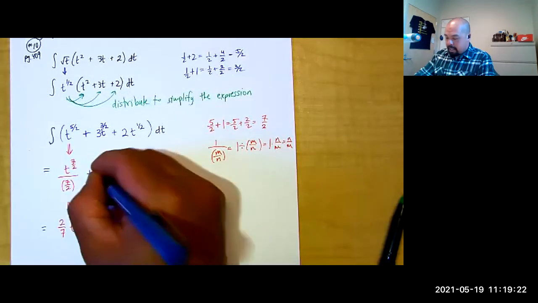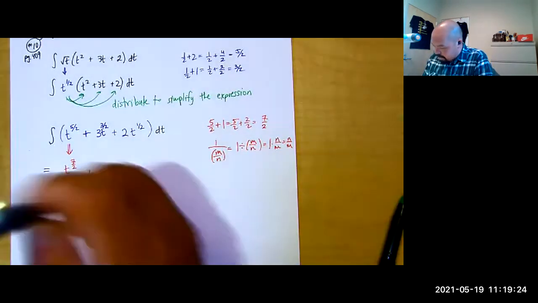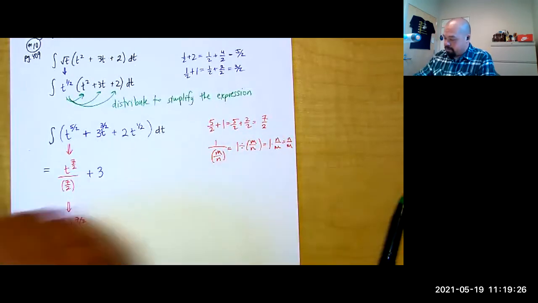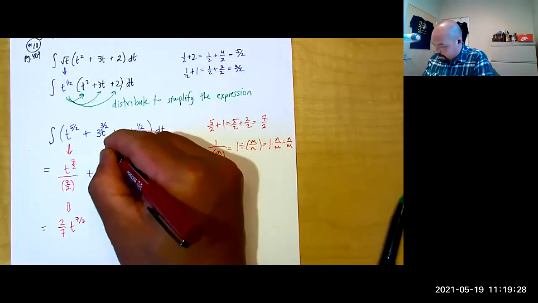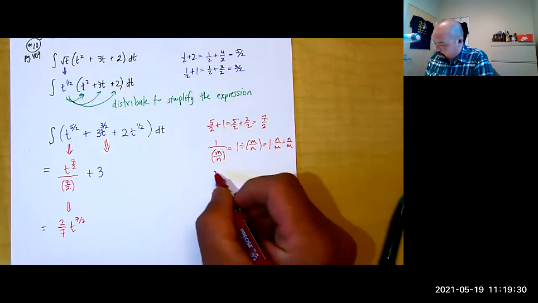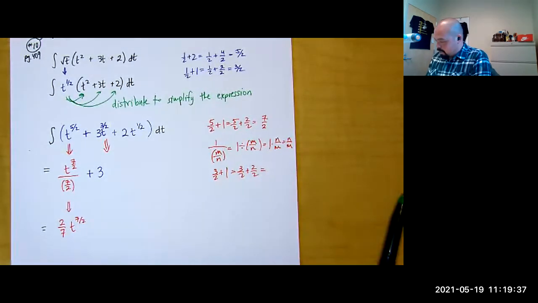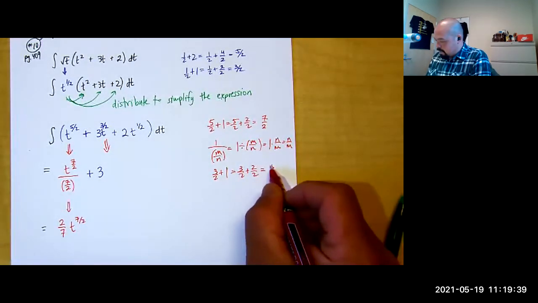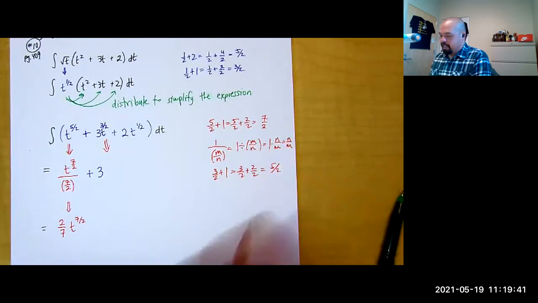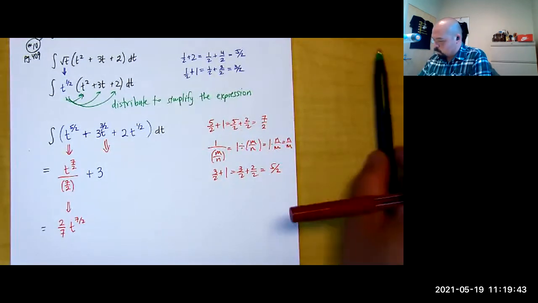I'm going to keep my plus sign. My 3 sticks around. And now that t to the 3 halves, again, 3 halves plus 1, 3 halves plus 2 halves. We did that earlier. 5 halves.